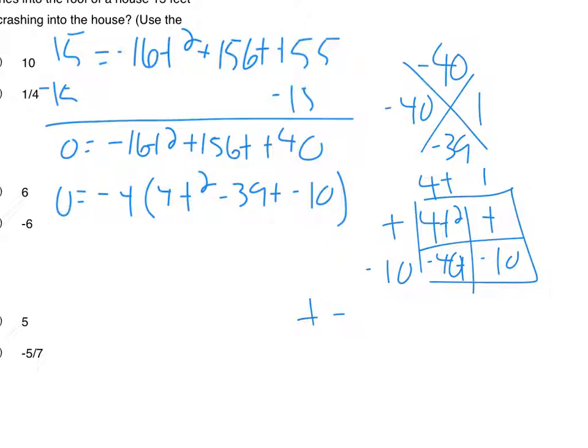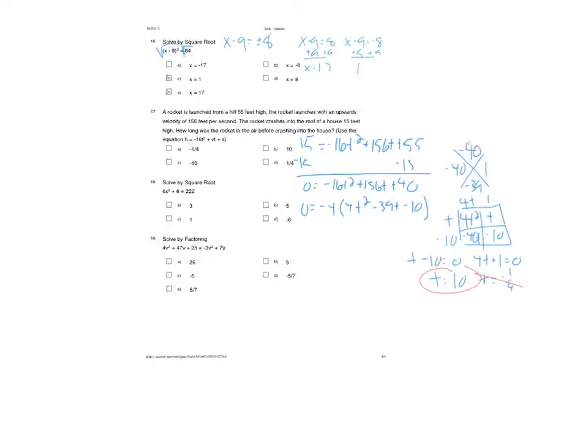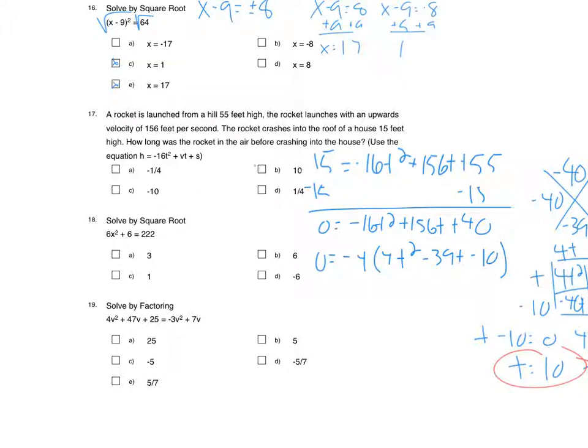So t minus 10 equals 0, 4t plus 1 equals 0, so we get t equals 10, and t equals negative 1/4. But when we put this back into the context of the problem, negative time does not work. So then that one does not work, and our answer is just t equals 10 on that one.